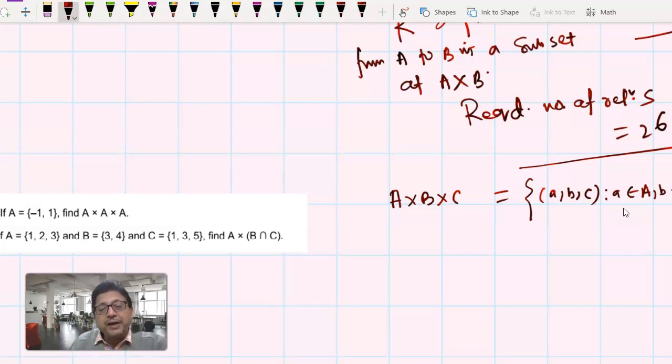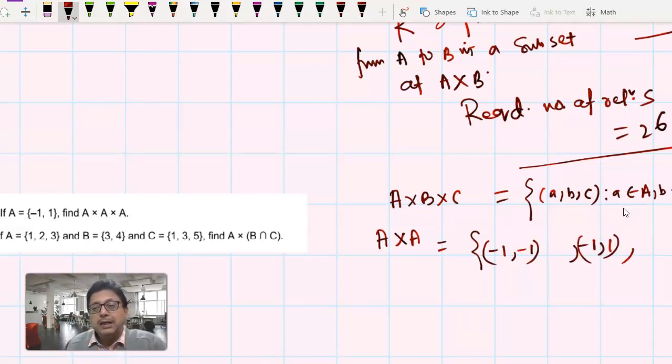So when you are going to find, you first complete the part A cross A. Then you add another coordinate. If you write A cross A, there are 2 into 2, 4 elements possible. Minus 1 with minus 1. Minus 1 with 1. 1, 1 is possible.